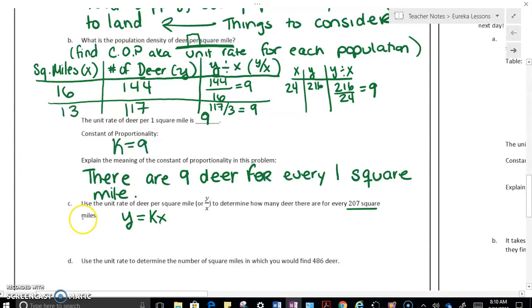We've been given 207 square miles. So we want to set up our problem as Y equals, and K equals 9, 9 times 207. So that tells us that Y equals 1,863. And therefore, there are 1,863 deer for every 207 square miles.